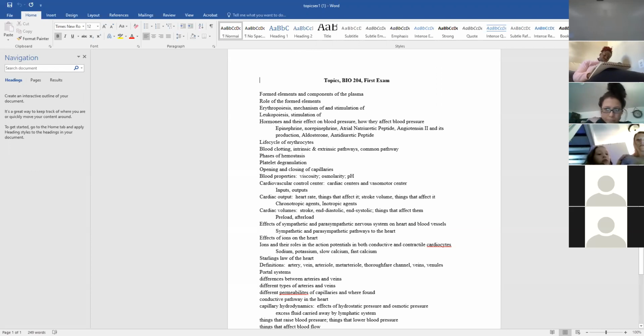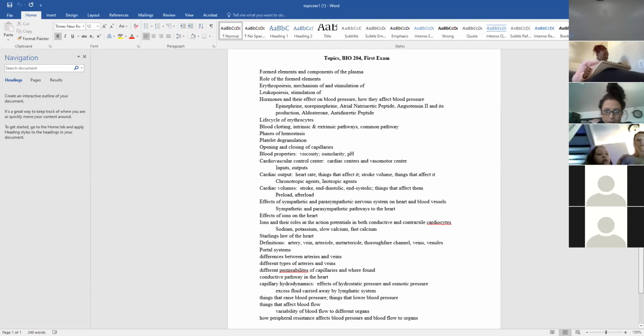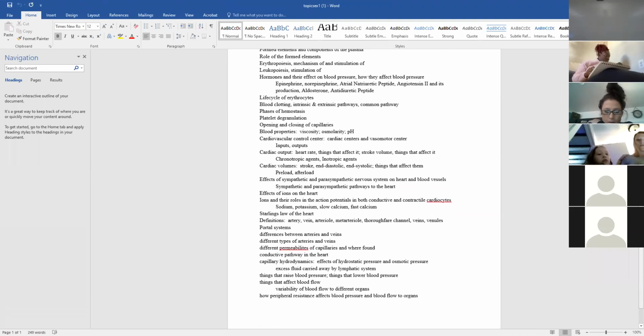But then there's life cycle of erythrocytes and blood clotting. Then there's a bunch of heart stuff after that, and then capillary hydrodynamics and things that raise blood pressure down at the bottom. So it's kind of chronological order. That helps. Thank you.